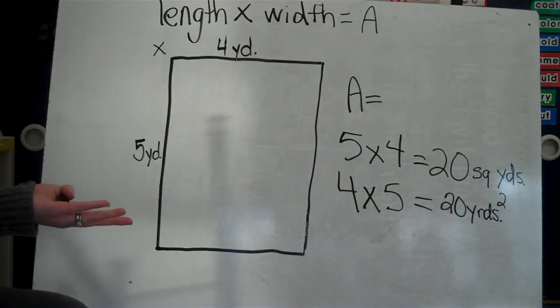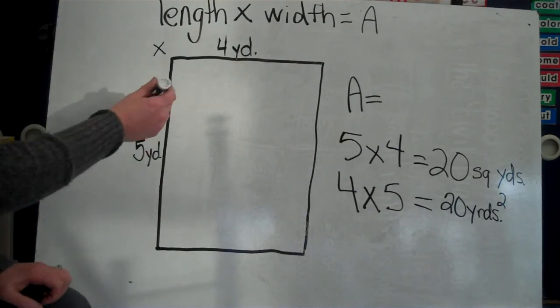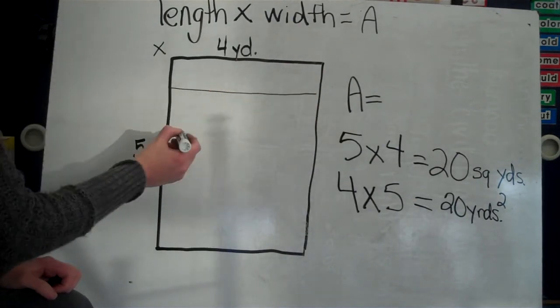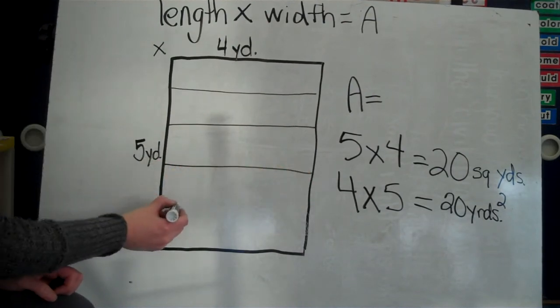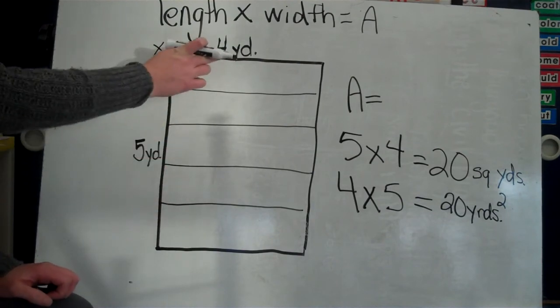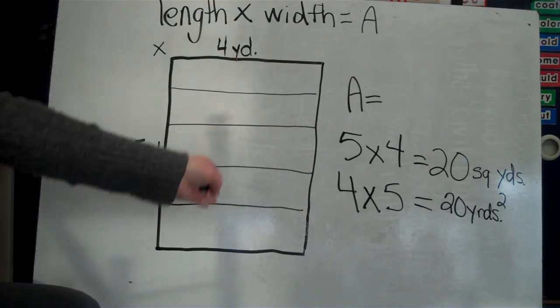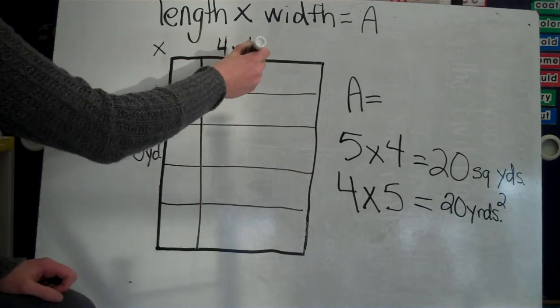If you don't want to do the multiplication, or you feel that maybe you struggle with multiplication, you can go ahead and draw in your grid lines. So I need to have 5. So I draw 4, and that will give me 5. 1, 2, 3, 4, 5. I need to have 4 columns, so I'm going to draw 3 lines.